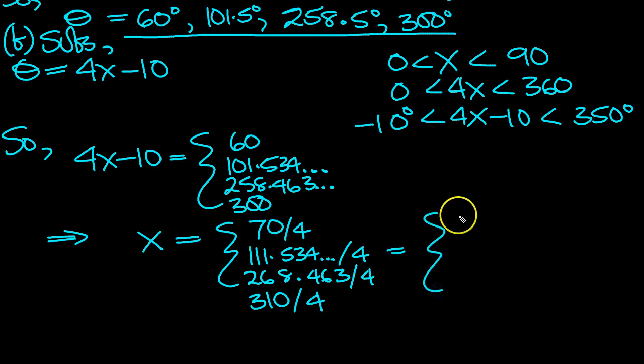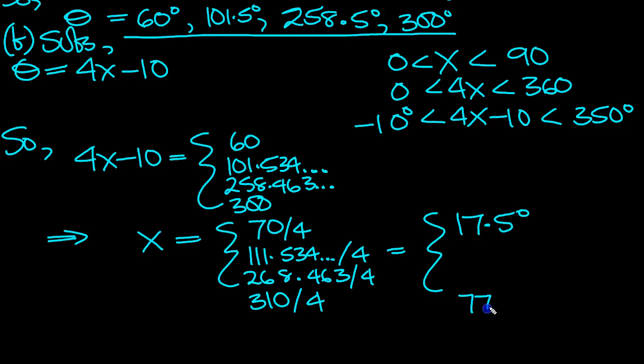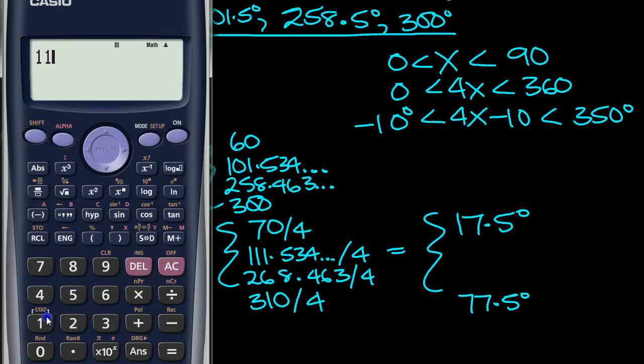Okay, 17.5. Tap it in the calculator if you need to. This one is let's just tap it in the calculator. 310 over 4. Nice and easy. Yeah, 77.5 to the nearest 0.1 degree. Now let's type that one in. So it's 111.534 divided by 4. 27.9.